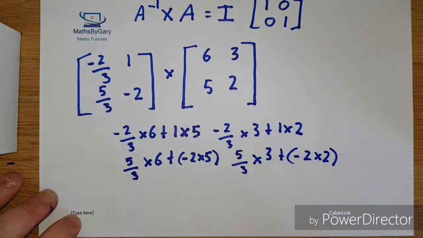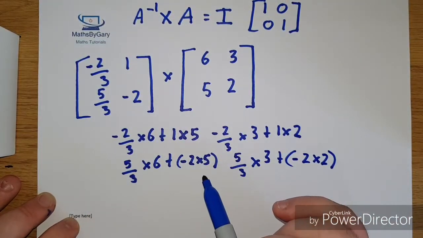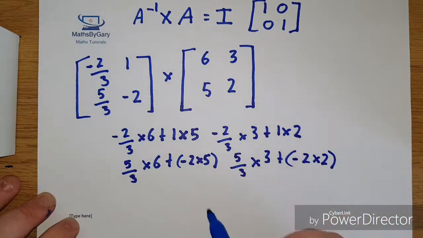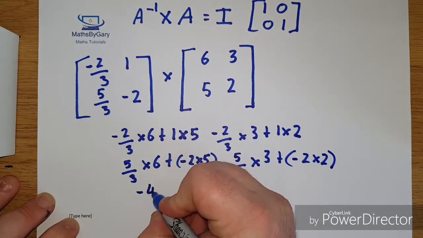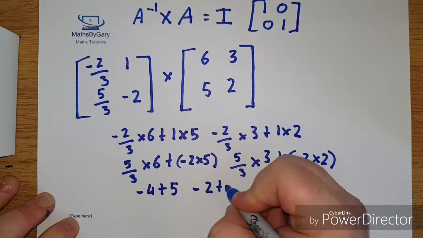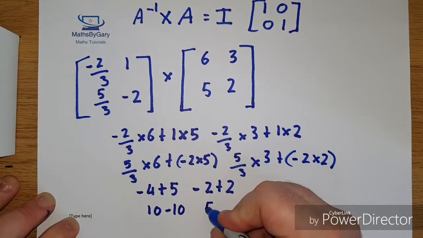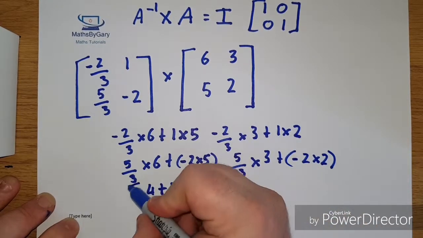I didn't spend that much time showing you how to do multiplication because I have that in one of my other videos, so if you want, you can have a look at that. But this will work out as minus 4 plus 5, minus 2 plus 2, 10 minus 10, and 5 minus 4.